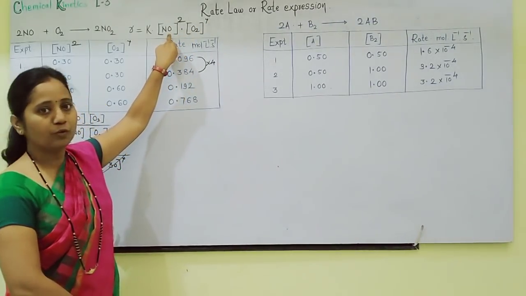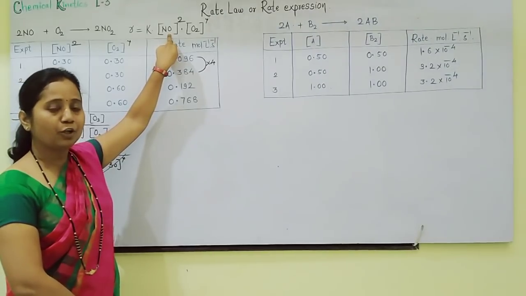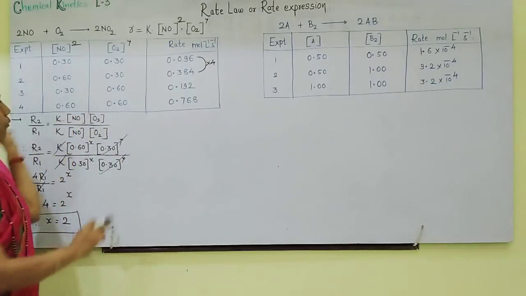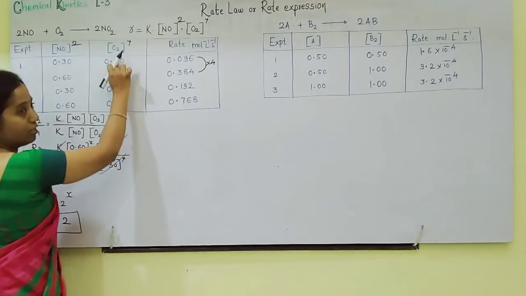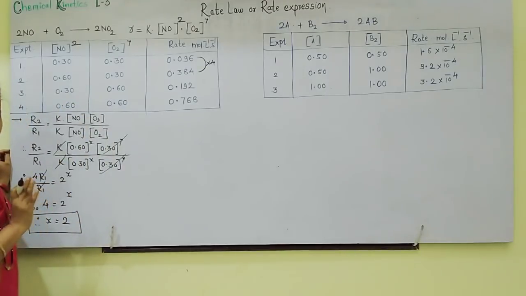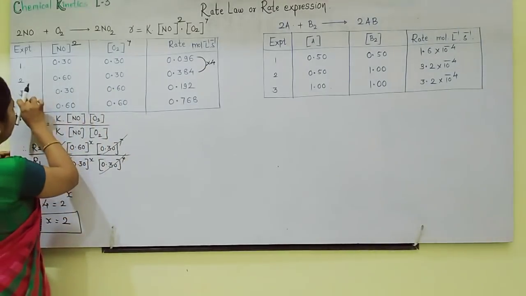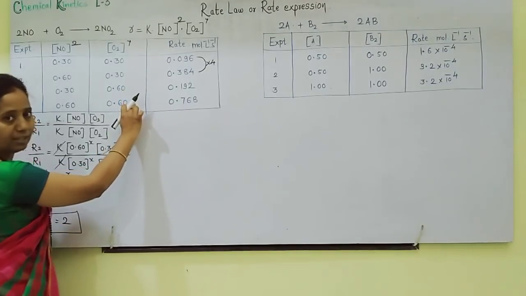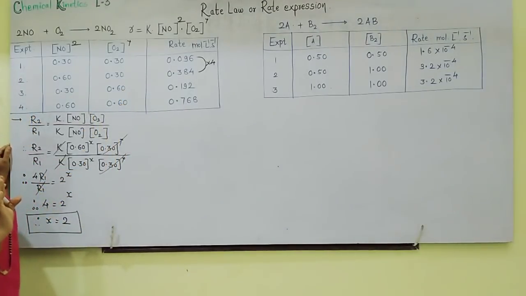The X value we have found out is the exponent of the molar concentration of NO. That we found out when oxygen was kept constant. Okay, the same you can do by taking experiment 3rd and 4th values, because here also oxygen is kept constant. You will get the same answer.